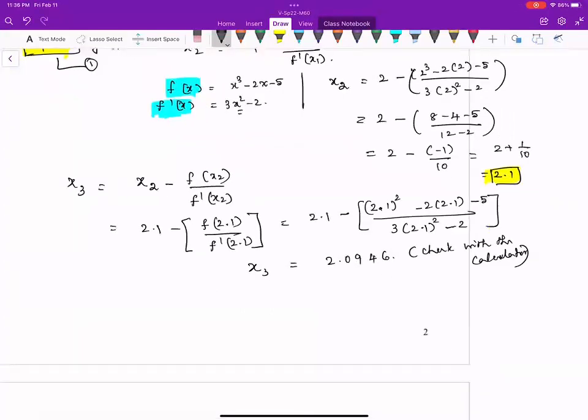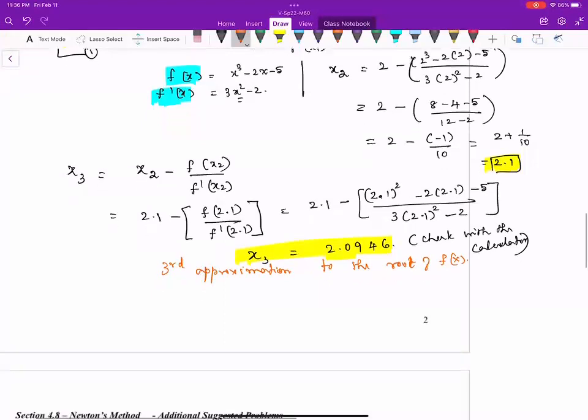As we see a pattern here, this is our third approximation in the problem, which is the third approximation to the root of f of x.